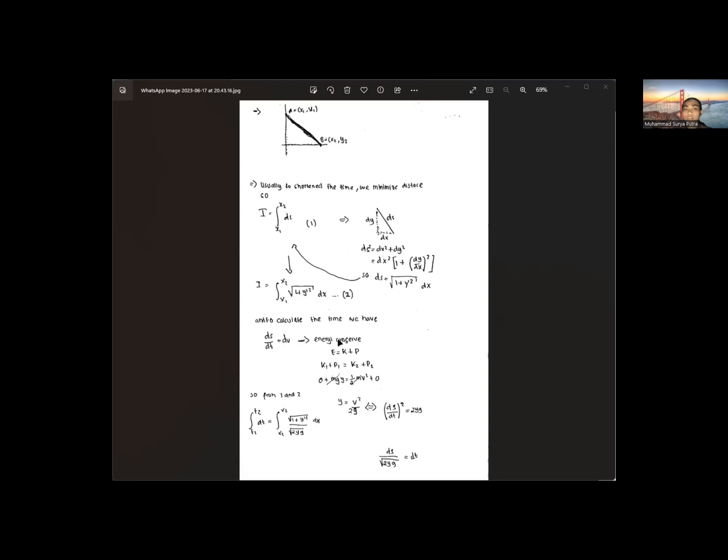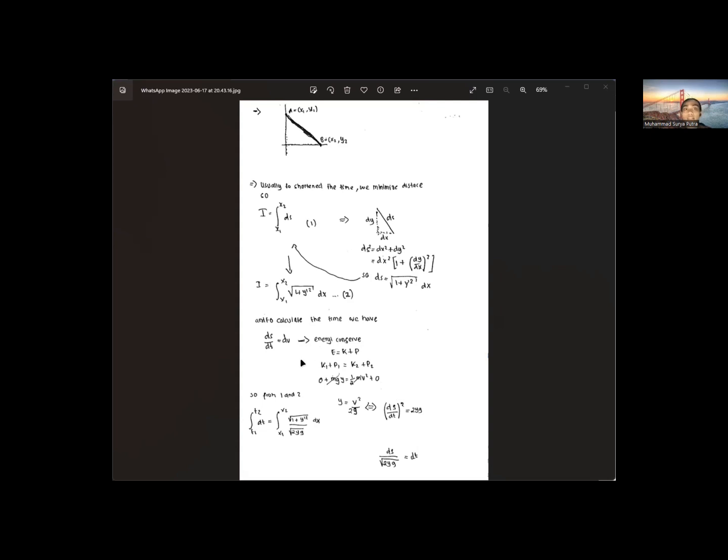So we have energy conservation. In the first law of thermodynamics, the total energy of the whole system equals the total kinetic energy plus the total potential energy.